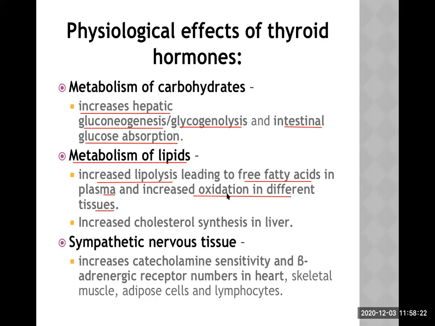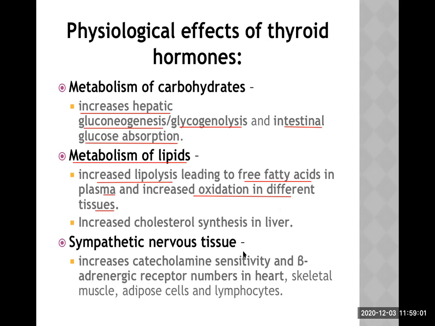That's why hyperthyroid cases and hypothyroid cases will present in a bit different way, exactly opposite to each other. Hypothyroid cases usually present with hyperlipidemia, whereas hyperthyroidism usually presents with hypolipidemia. So this is the way you remember.